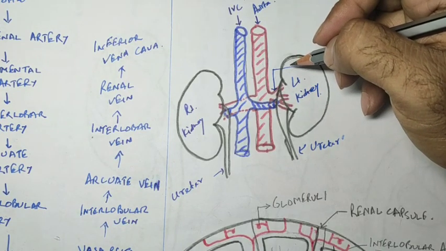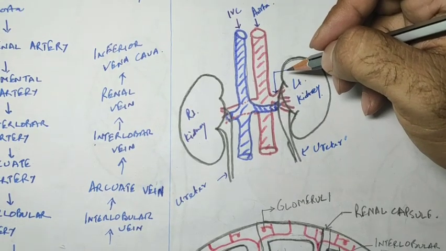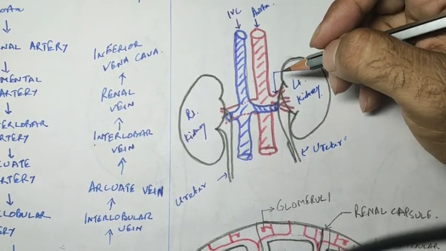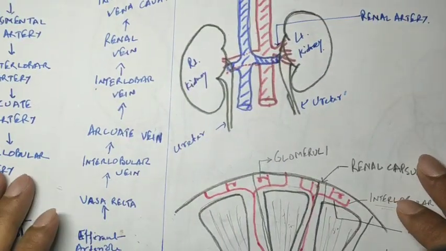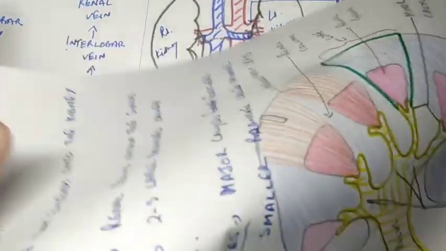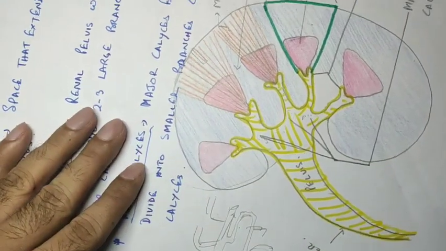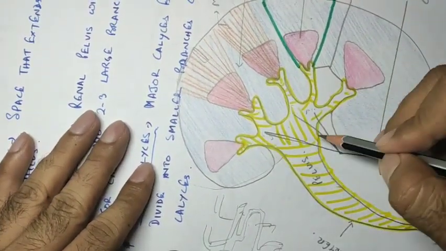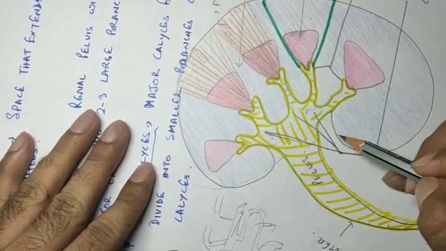Now these segmental arteries then go towards the pyramids. So we have this diagram here where this is the renal sinus and this is the pelvis. So this is basically a part of the hilum.